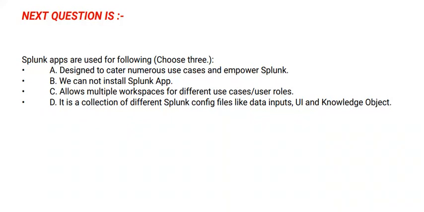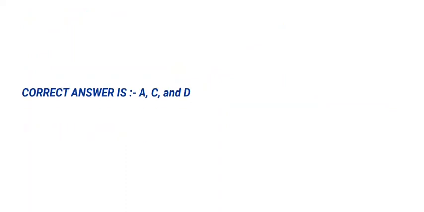Option C, allows multiple workspaces for different use cases or user roles. Option D, it is a collection of different Splunk config files like data inputs, UI, and knowledge objects. The correct options are A, C, and D.